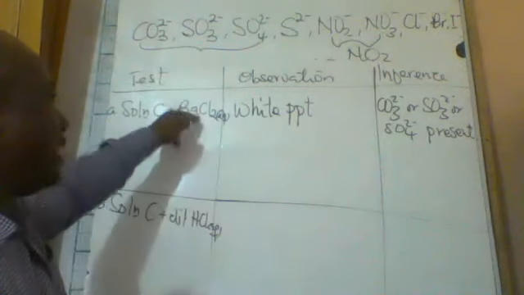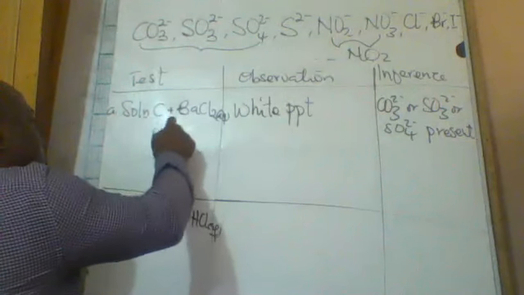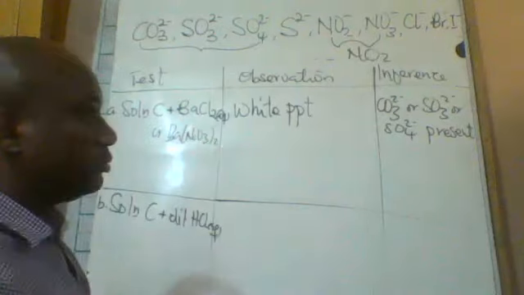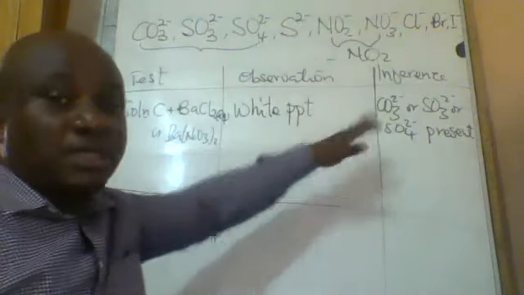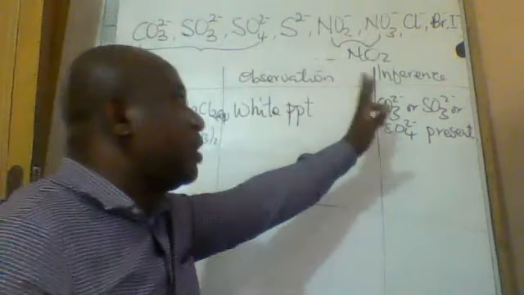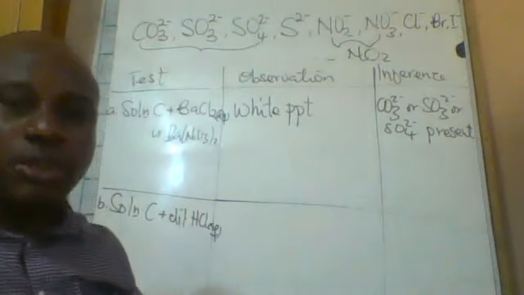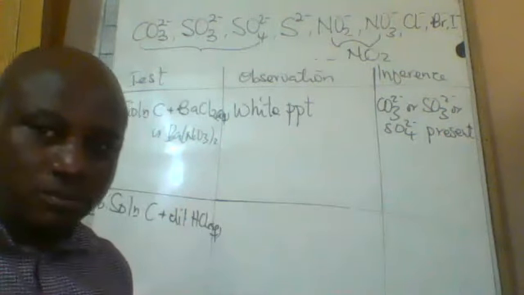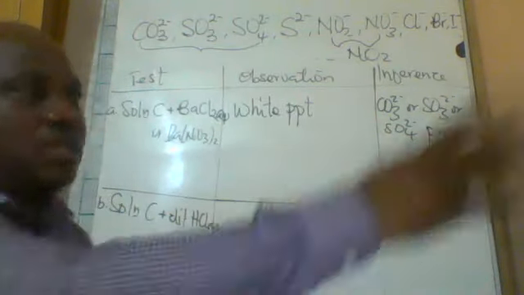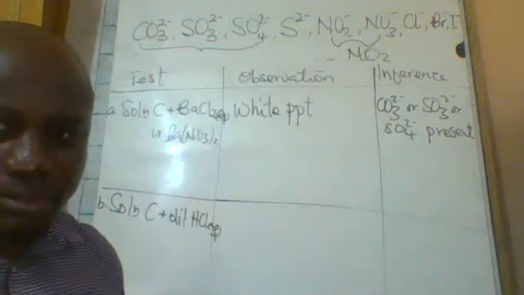When there's no white PPT formed, no observable reaction, then carbonate, sulfite, sulfate absent. You record the negative test for it, because barium chloride or barium nitrate is specifically for these three ions.